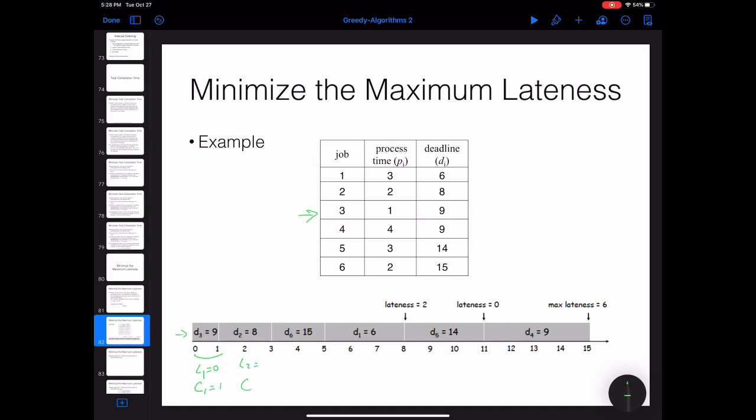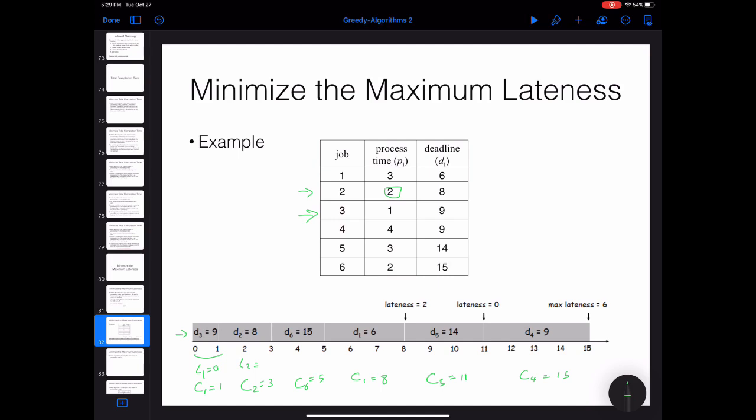The completion time of job 2 is going to be, after you are done with 1, plus 2, it's going to be 3. The completion time of job 6 is going to be 5. The completion time of job 1 is going to be 8. The completion time of job 5 is going to be 11, and the completion time of the fourth job is going to be 15.